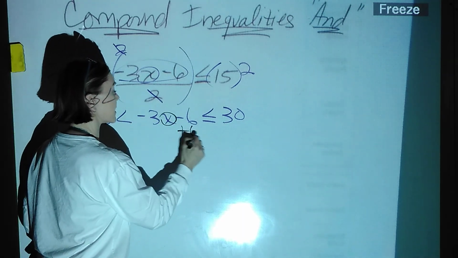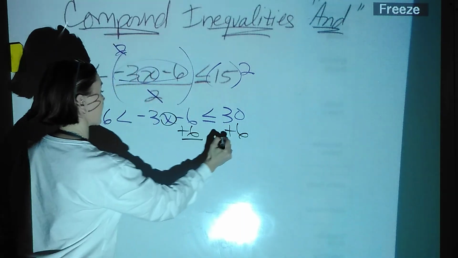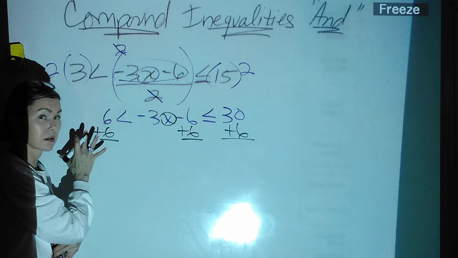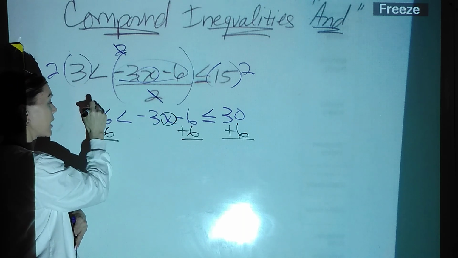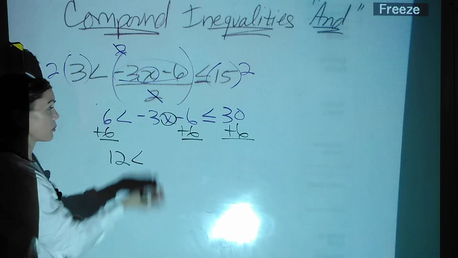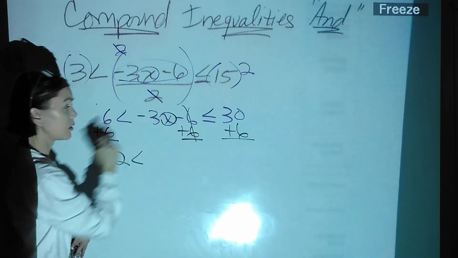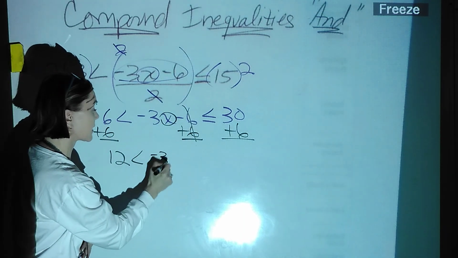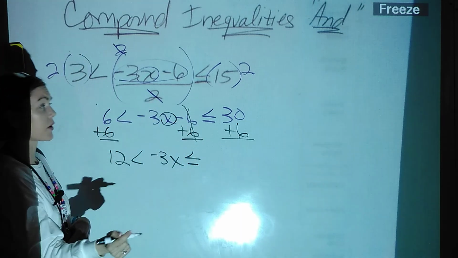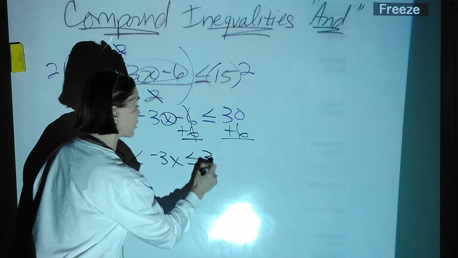So we add 6 to all 3 parts. And we have 6 plus 6 is 12. Bring down your inequality symbol, bring down your -3x, bring down your inequality symbol, and here we have 30 plus 6 is 36.